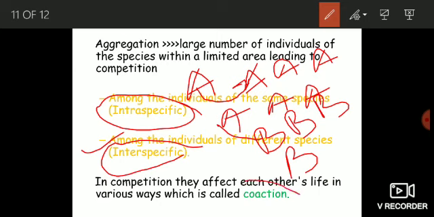This process of affecting each other's life is known as coaction. For example, two individuals are competing for water, so they are affecting each other's life. Two individuals are competing for light, which means they are affecting each other's life. This process is known as coaction.